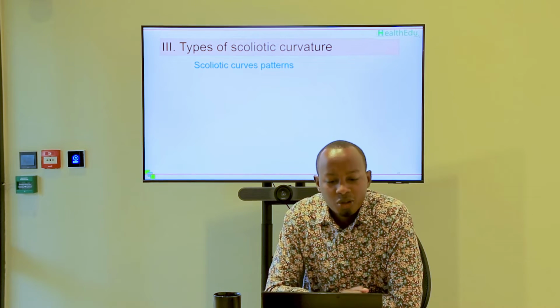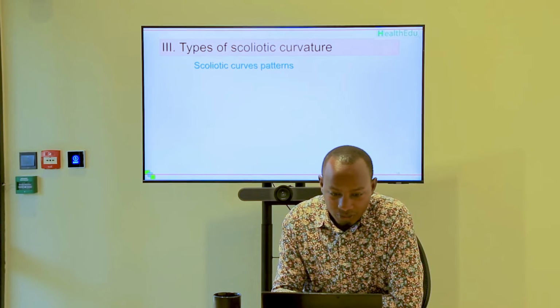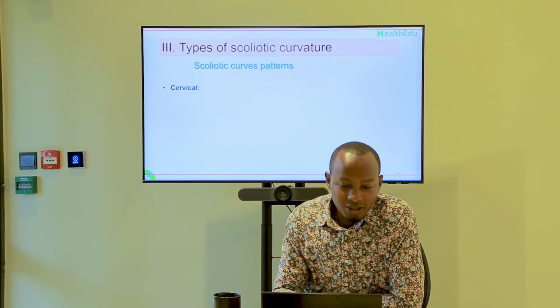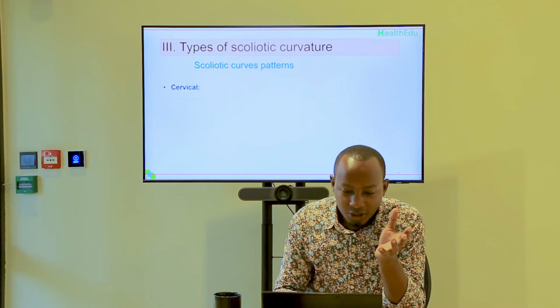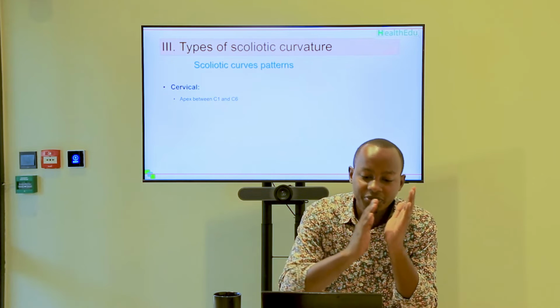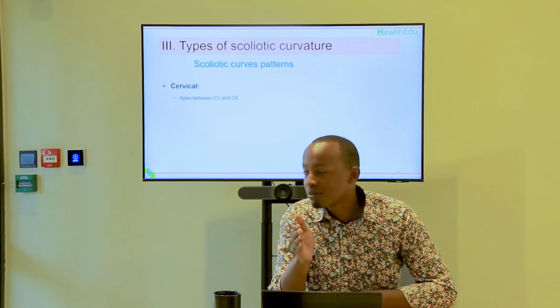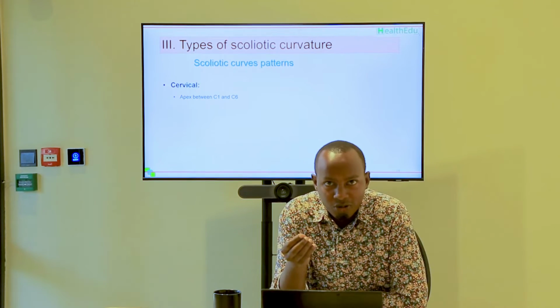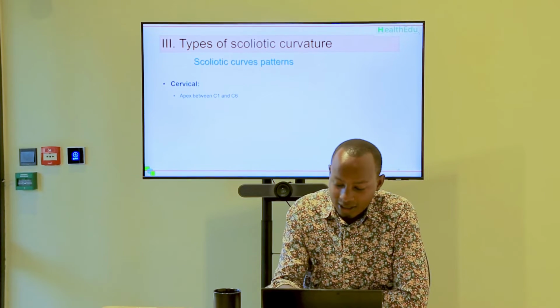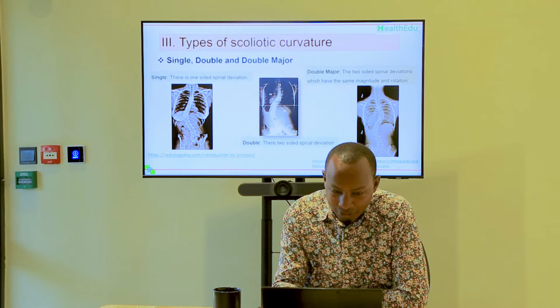So let's look at scoliotic curve patterns. In scoliotic curve patterns, we have the cervical curve patterns, where we have the apical vertebra from C1 to C6. But before we talk about apical vertebra, why do we need to understand it? Let's use this picture first.